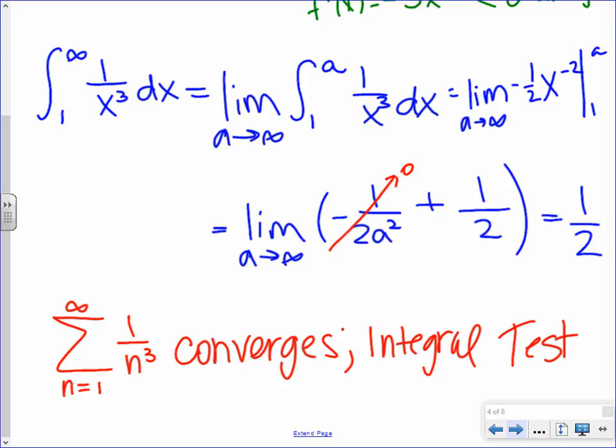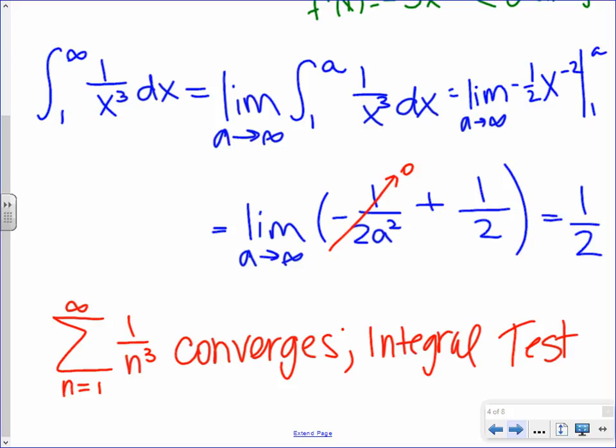How about 1 over x squared? Okay. Where we get into trouble is 1 over x, right? Because what's the antiderivative of 1 over x? Natural log. And that towards infinity goes towards infinity, okay?